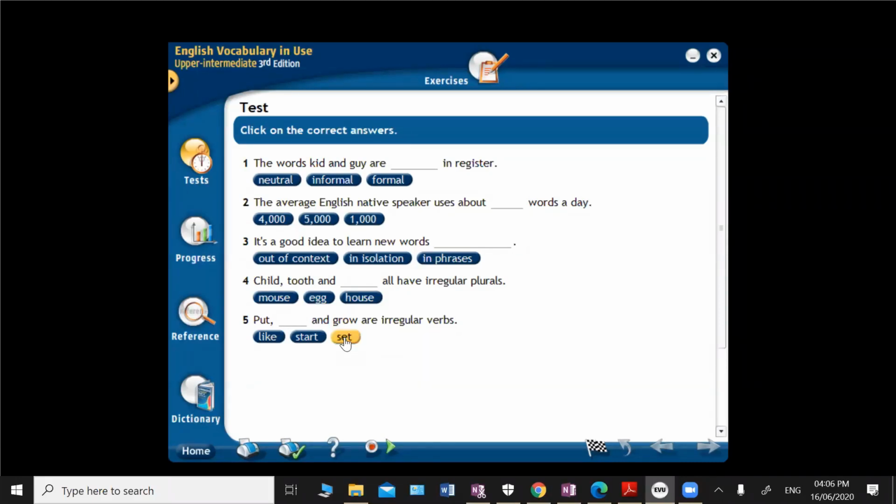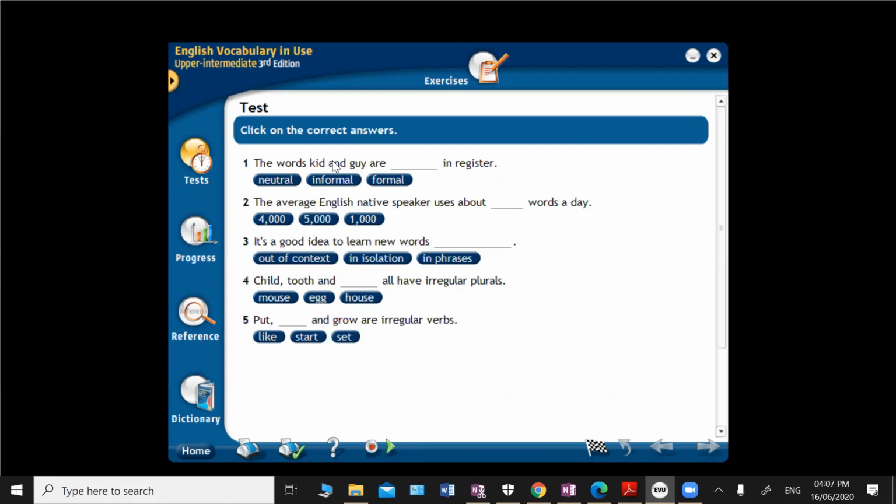I think we made the right answers here, but still, we can check our answers. I think this is like a CD that comes with the book, and it has certain practice exercises. So I think here we can check our answers. How? It changed. I didn't see were our answers right or wrong. I didn't look at it.